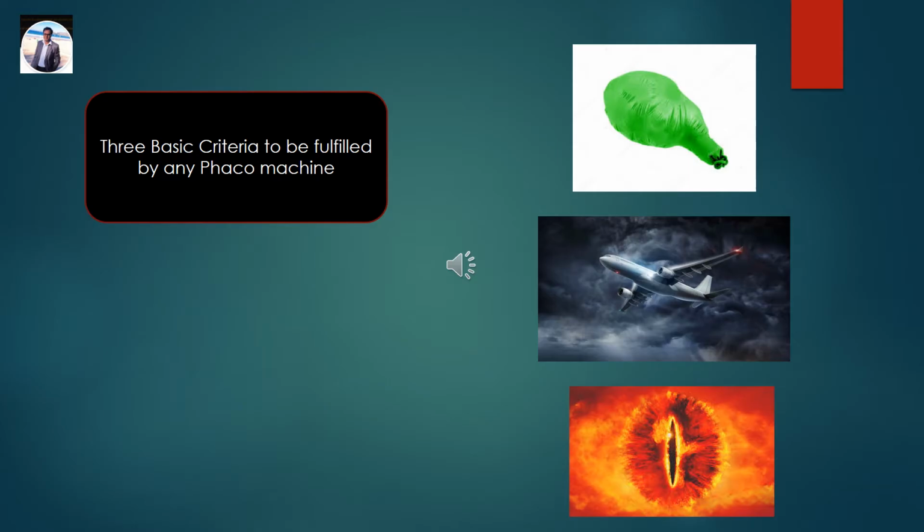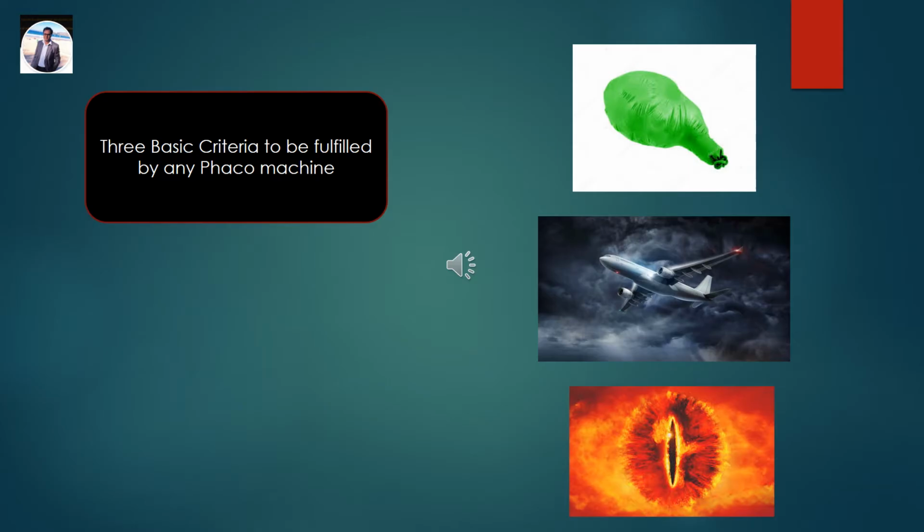That is, it will lead to damage of the endothelial cells. And we all know that the endothelial cells are a single layer of cells, and this will not regrow. So it is very important that the vibration of the tip does not cause a buildup of heat at the incision site.